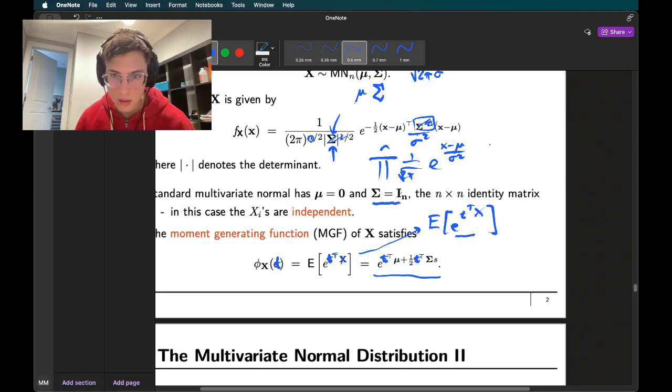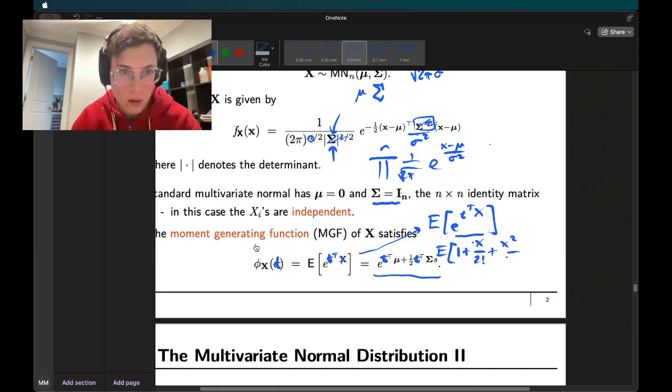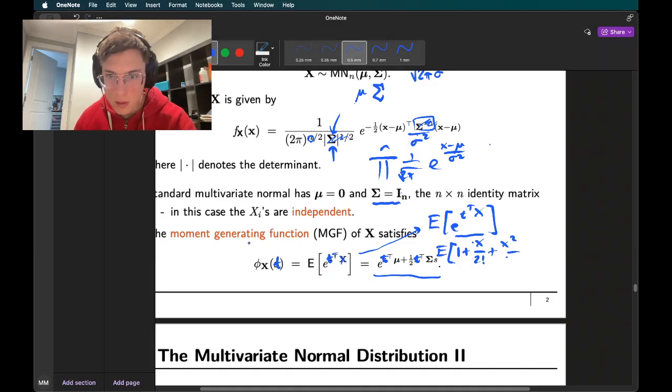But it turns out that there is a way to come up with an infinite series representing this, and I might get it wrong, but it's something like 1 plus x plus x squared over 2 factorial plus dot dot dot. That's the Taylor series of e to the power of tx. Yes, I got it right.